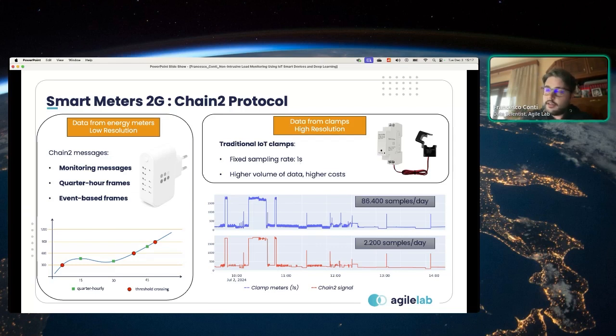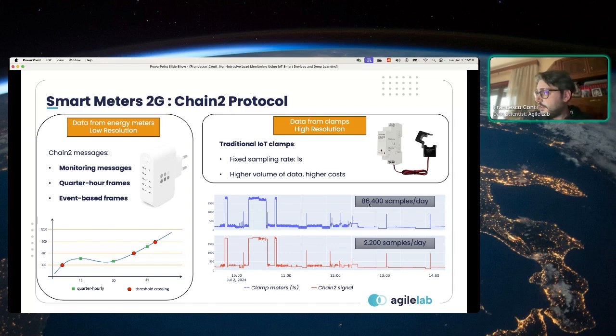And as a result, this will generate a higher volume of data, and we can see a comparison here. We have the blue signal, a clamp-based high-resolution signal, and then the orange one, a low-resolution signal based on the meter. You can see the orange one is a good approximation of the clamp-based one, and we also have fewer messages.